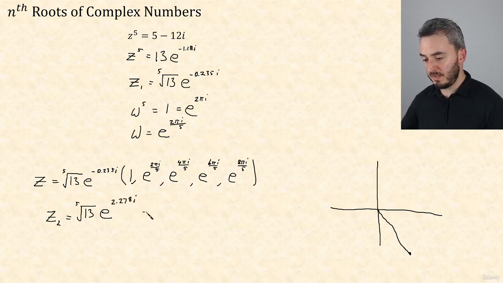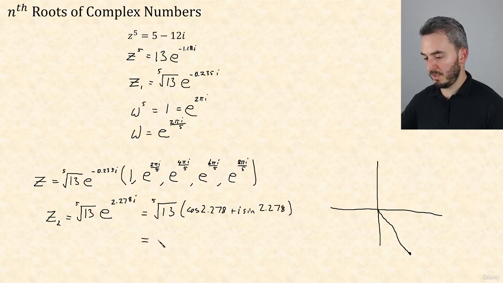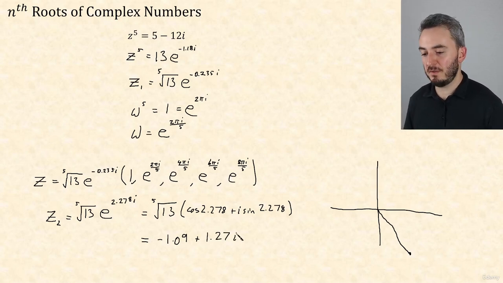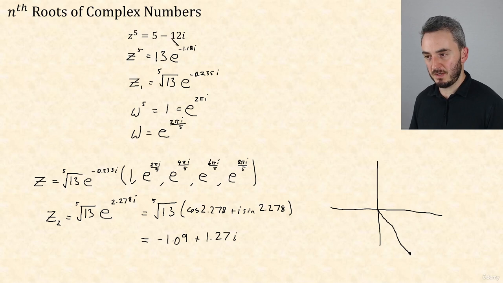If I wanted to split this up into the real part and the imaginary part, we've got cos of 2.278 plus i sine 2.278. In total, we end up with minus 1.09 plus 1.27i. And so that is one of the fifth roots of this number here.